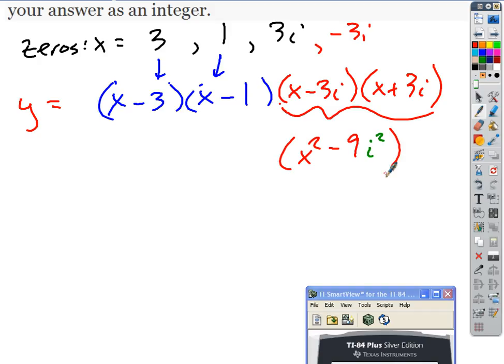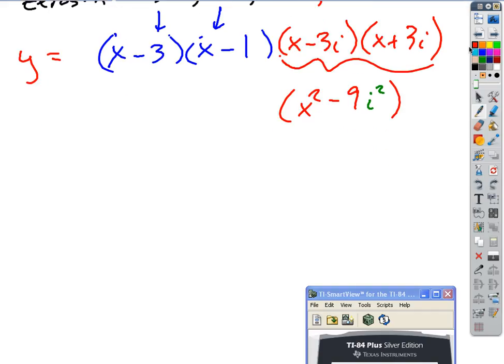Now all I've got to do is just distribute and I'm done. So if I distribute the x squared all the way through, I just get x to the fourth minus 4x cubed plus 3x squared. Distribute the 9 all the way through, and then add all those up.